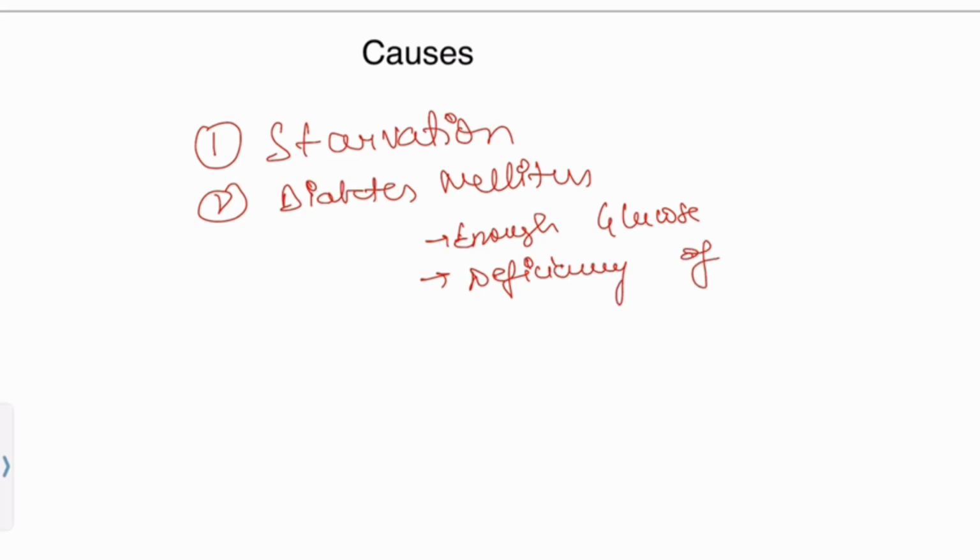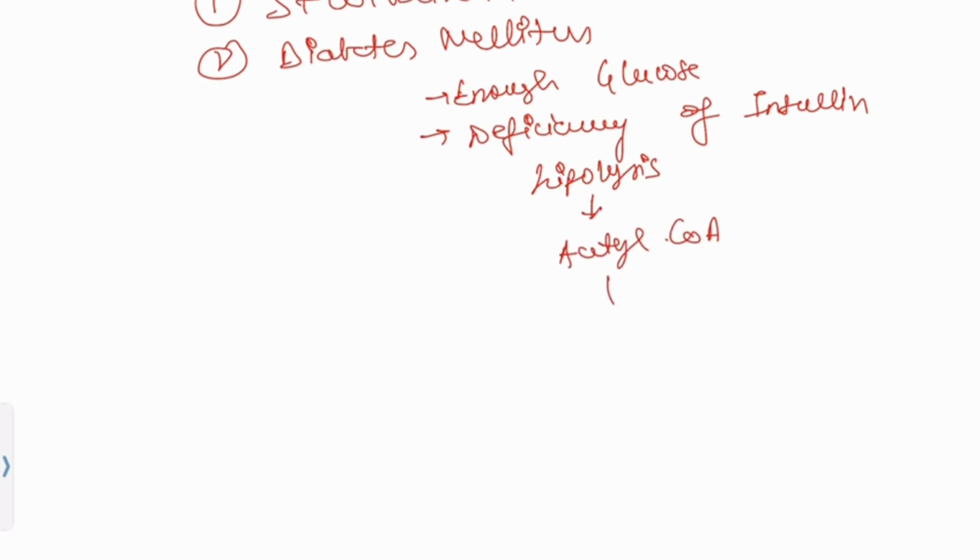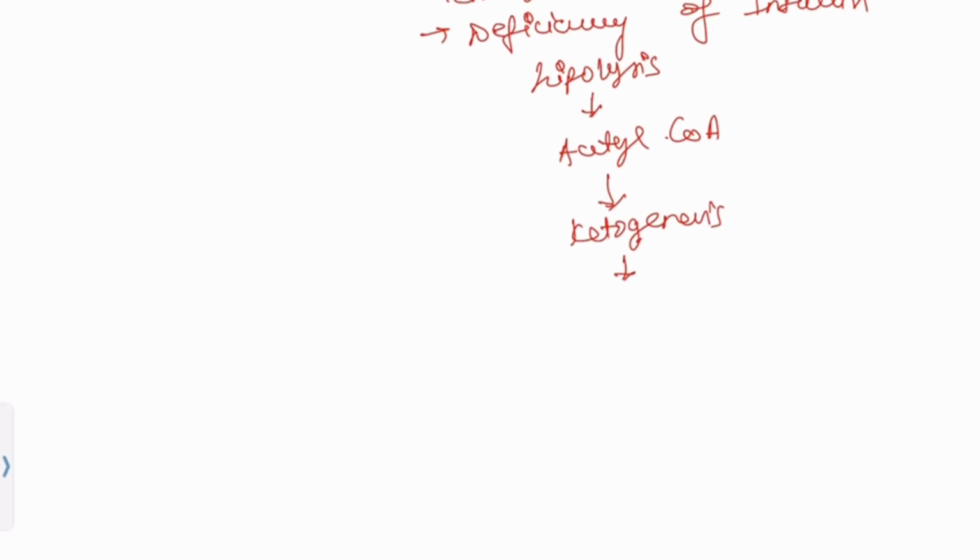Therefore, lipolysis takes place. It ultimately forms acetyl coenzyme A, and this acetyl coenzyme A then undergoes ketogenesis and forms ketone bodies. And when it is in excess, it leads to ketosis.